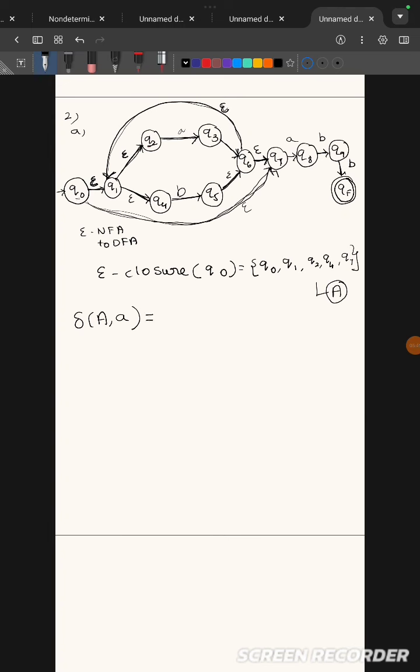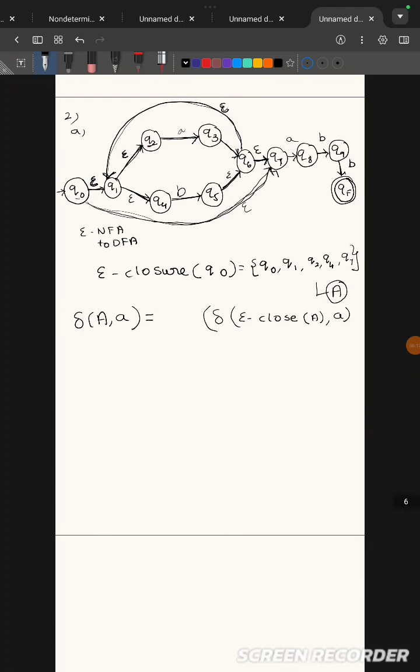Okay, we have to find the epsilon closure of A, then for that we have to find the transition for small symbol a.